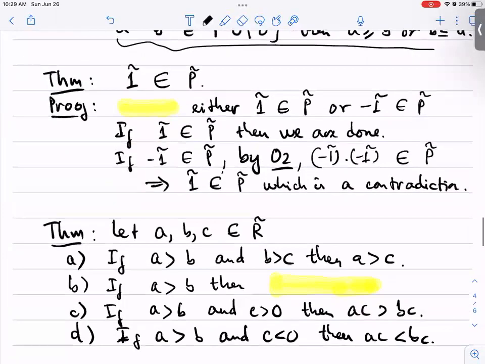The first statement is that 1 is an element in the set of positive numbers. This seems like an obvious statement, but remember, here we start everything from scratch.